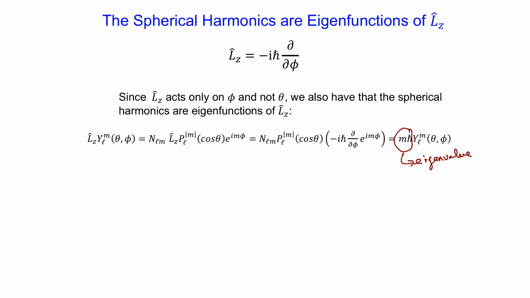Hopefully you can see a pattern here where the eigenvalues of Lz, whether you're acting on just the phi component or the full spherical harmonics, give you the same result, because Lz only acts on the phi component. So m h bar is the eigenvalue of our Lz component.